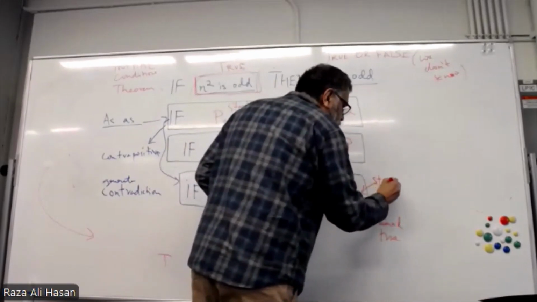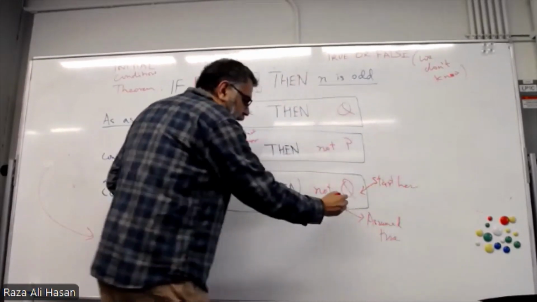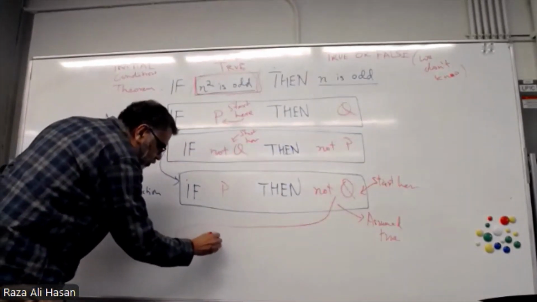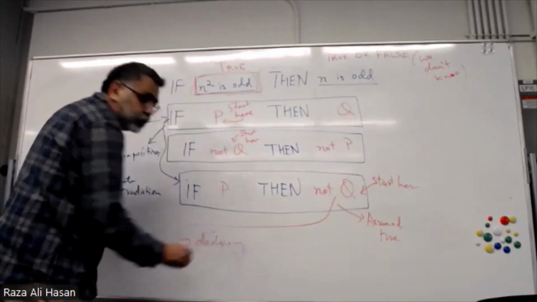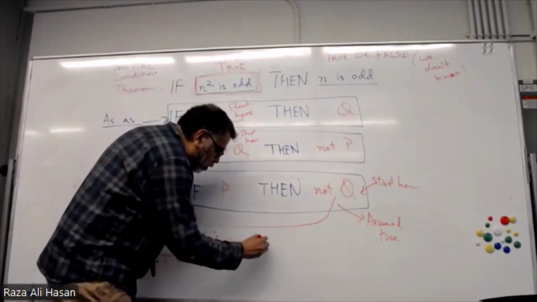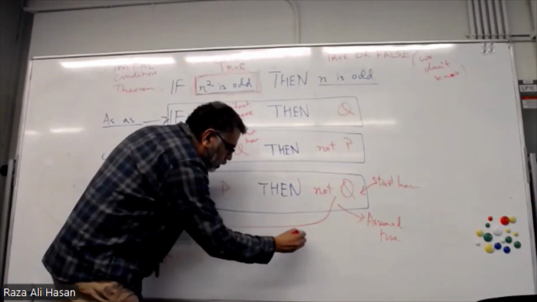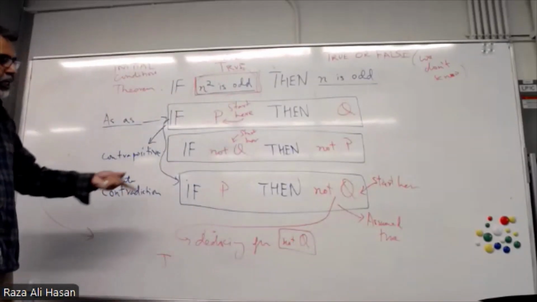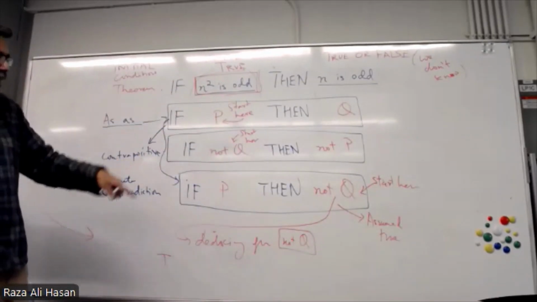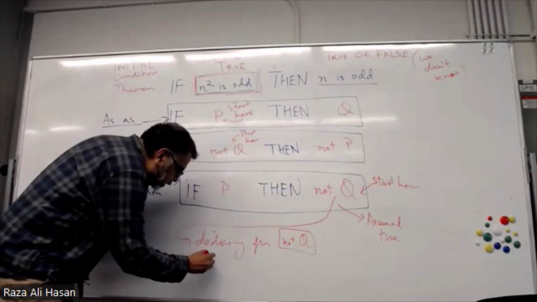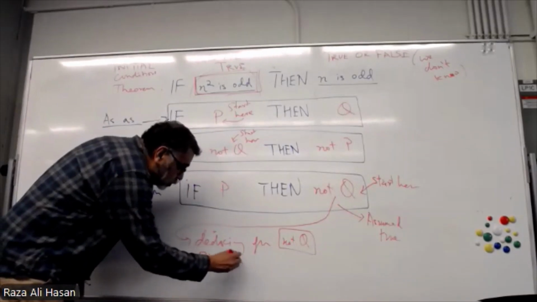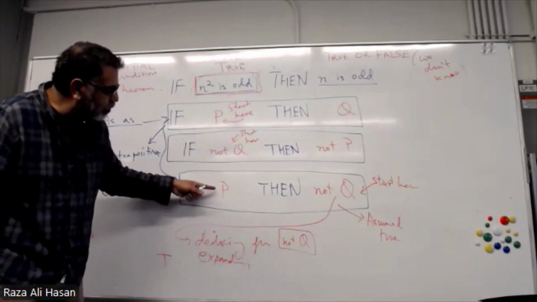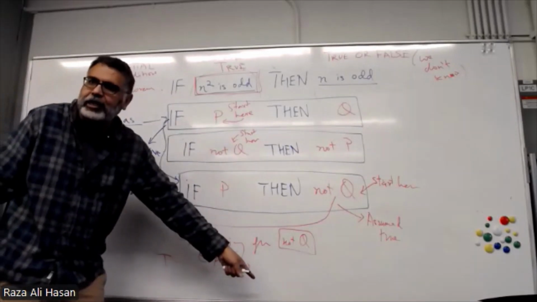Start here. And as we are deducing stuff from not Q, as we are deducing and manipulating and expanding the not Q, at a certain stage, we can bring what is assumed into the game.